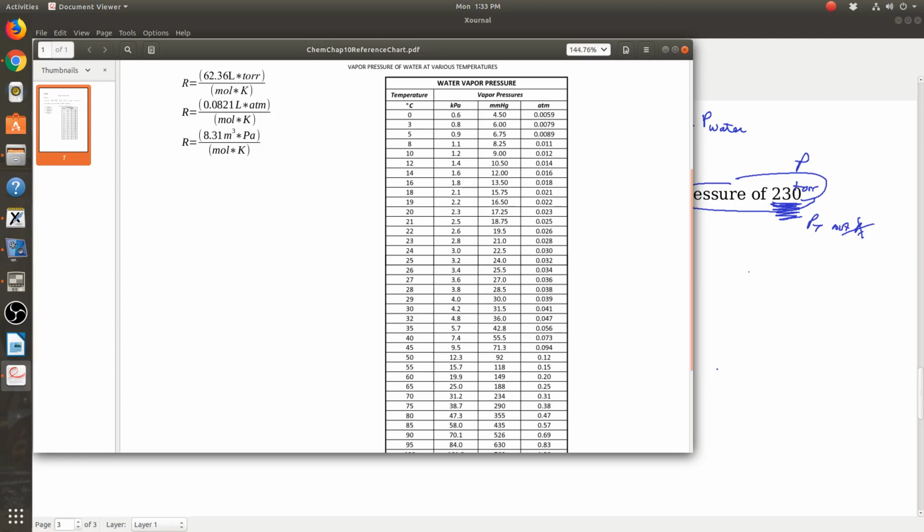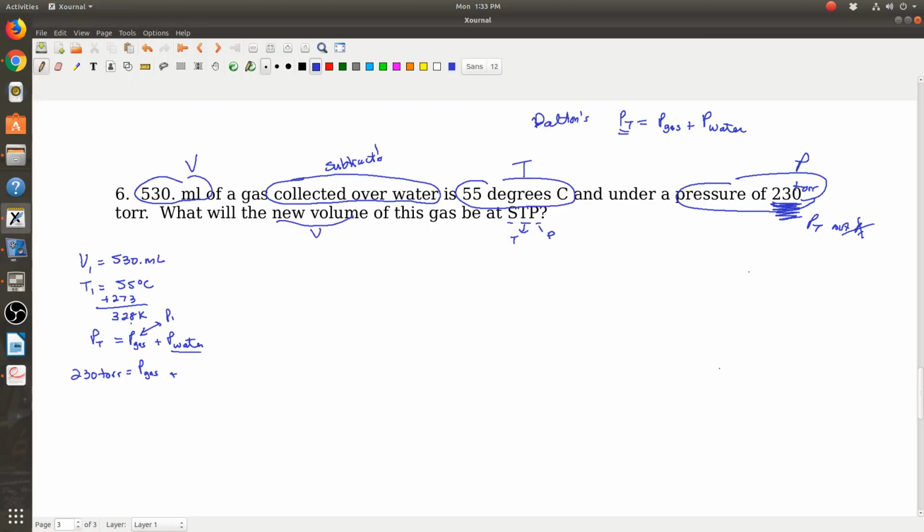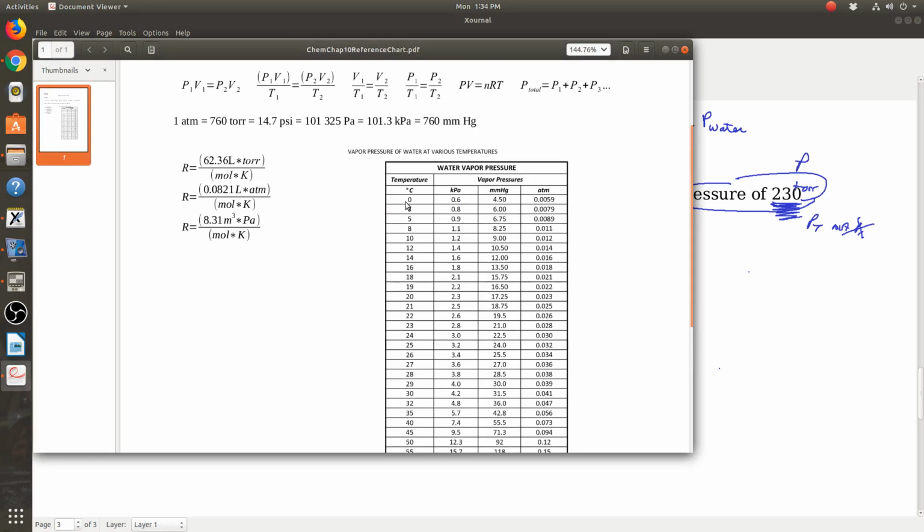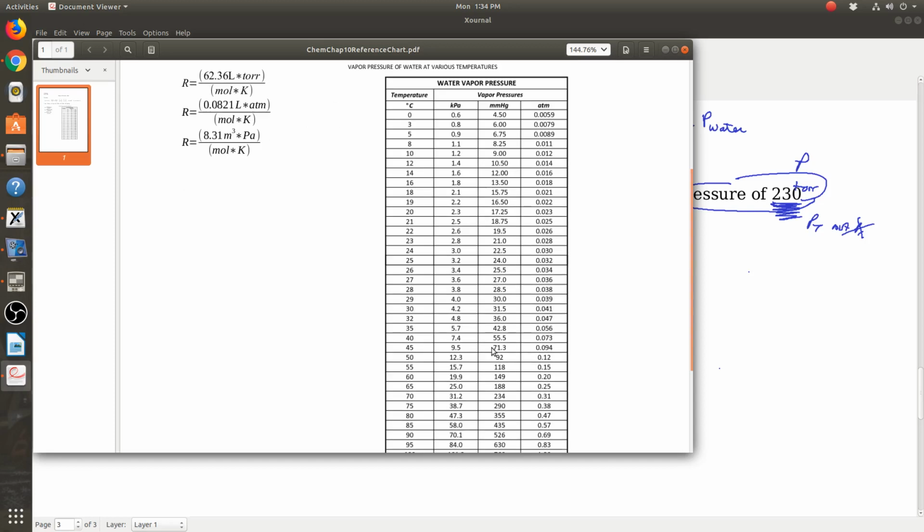Now what unit do I need to look at? Well, this one says torr. So is there torr up here? Well, there's not, and I did that on purpose too. There's millimeters of mercury though, and look, 760 torr is 760 millimeters of mercury. So whatever the millimeters of mercury are, I can convert it to torr. So 118 millimeters of mercury at 55 degrees Celsius.